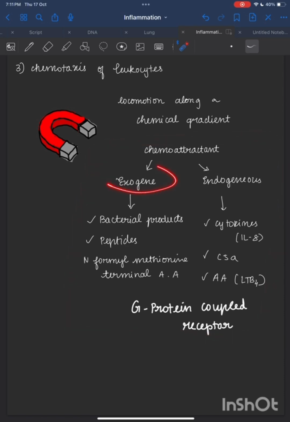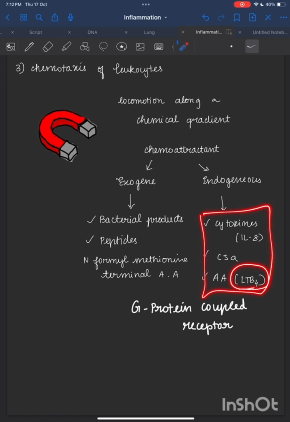In exogenous, bacterial products, peptides with N-formyl methionine terminal amino acids, are exogenous. In endogenous, cytokines like interleukin 8, in the complement system C5a, and in arachidonic acid metabolites LTB4.